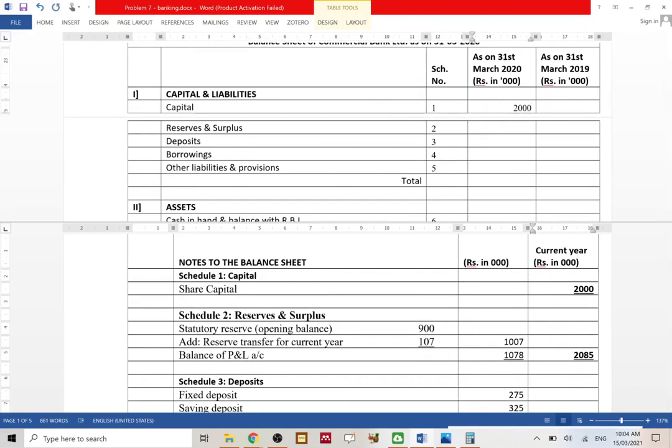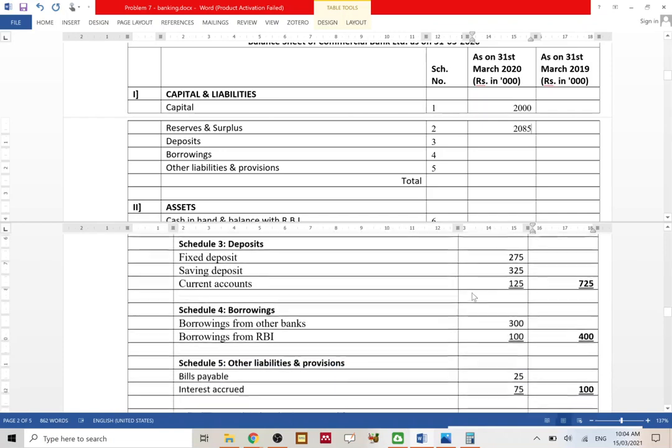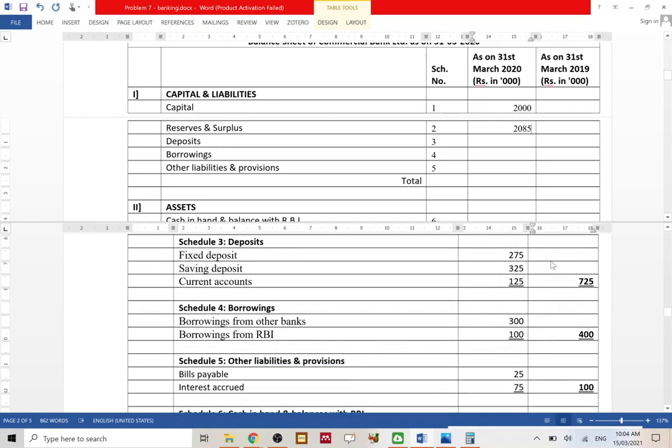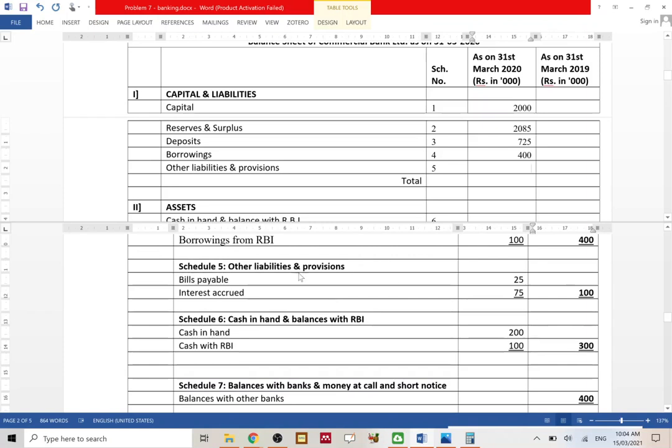Capital 2000, reserves and surplus schedule 2, amount 2085, schedule 3 deposits, amount 725, borrowings schedule 4, amount 400, schedule 5 other liabilities and provisions 100.